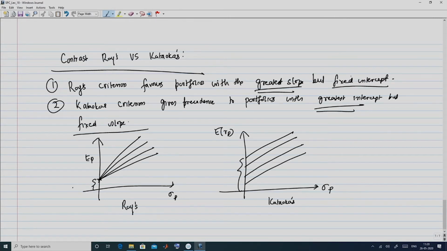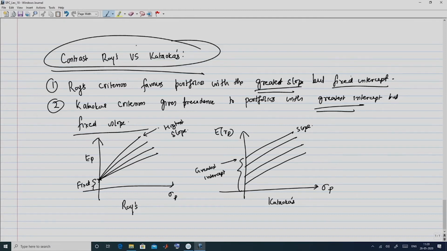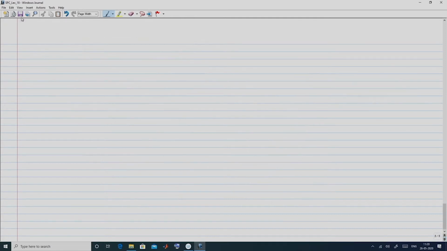So here the intercept is fixed and you pick the one with the highest slope, and here the slope is fixed and you pick the one with the greatest intercept. That is the primary contrast between Roy's and Kataoka's criteria.